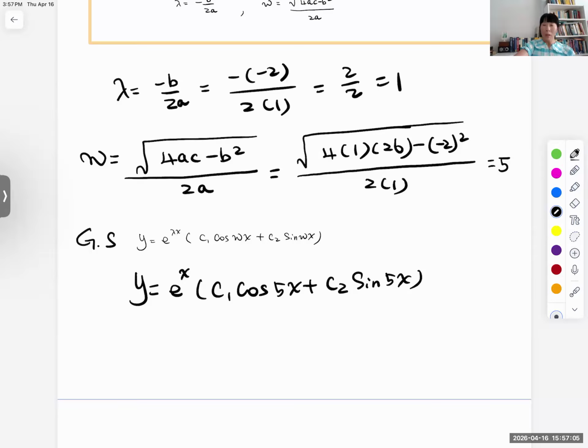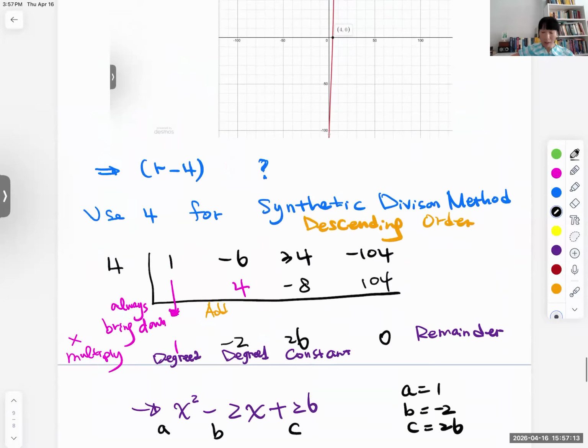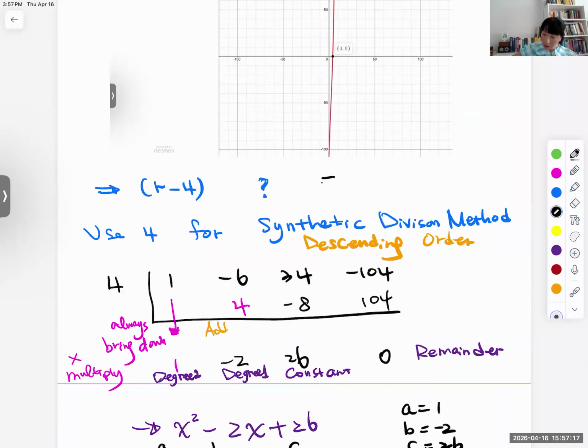Okay. Oh, I see. You know what? C sub 1 we were using. Oh, I did not use. Okay. Since we found this one earlier, right? So R sub 1 equal to 4. So just a real number solution, we can express y equal to C sub 1 e to the 4x, right?